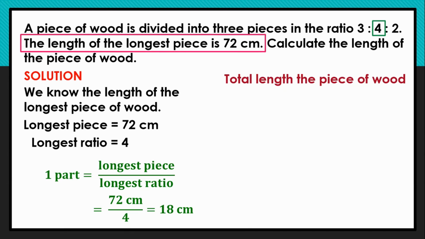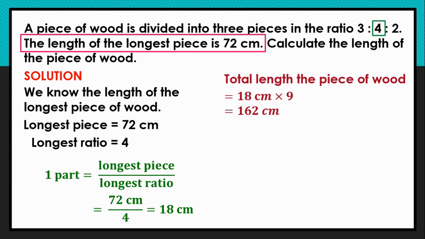So we are going to multiply 18 centimeters for 1 part times 9 parts. So my answer is 162 centimeters. Did you get 162 centimeters for your answer?